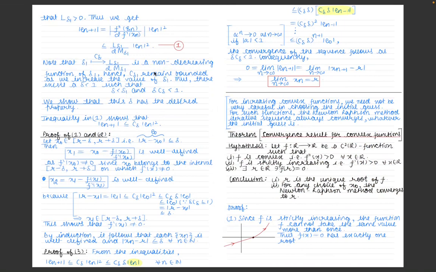So as discussed, the theorem on the Newton-Raphson method says that if you start nearby a root of the non-linear equation, then the Newton-Raphson iterative sequence is well defined and it converges to the root. This is precisely the statement we just saw.